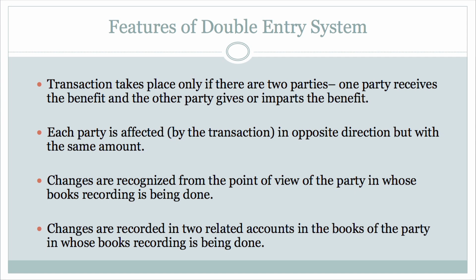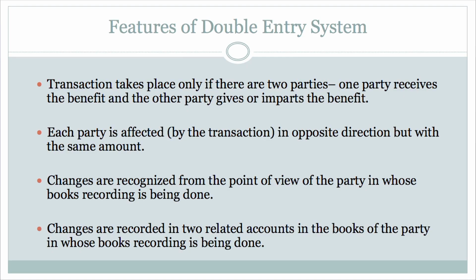The changes are recognized from the point of view of the party whose books of accounts are being recorded. Each transaction, I will record my aspect in my books of accounts and you will record your aspect, the impact of that transaction, in your books of accounts from your point of view. The same transaction, the same amount, but the recording takes place in a different way.